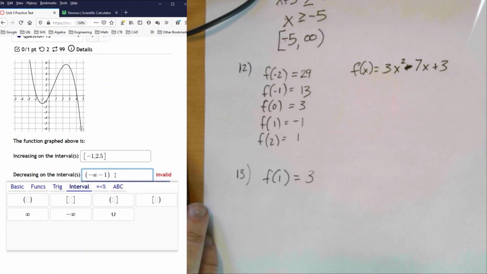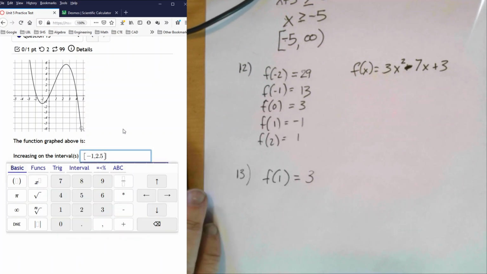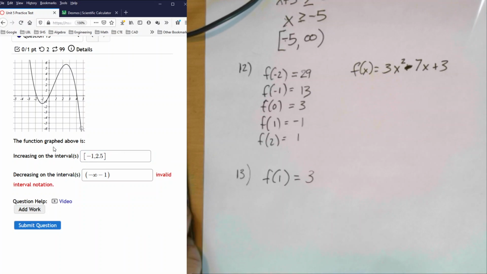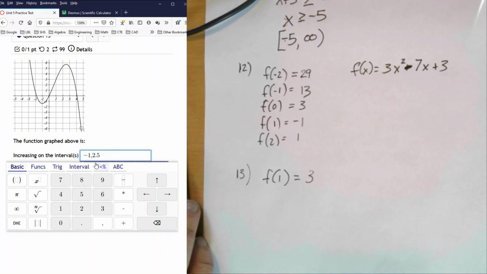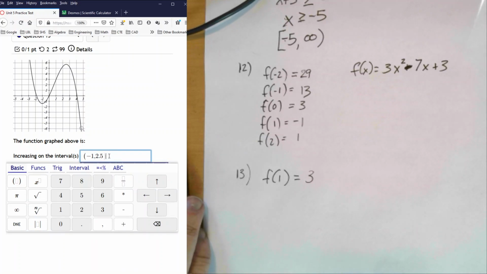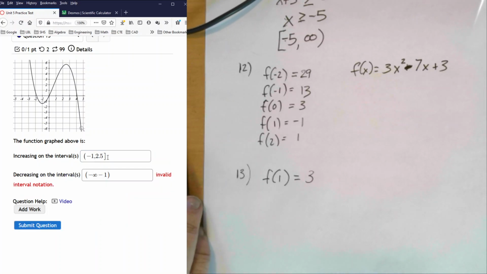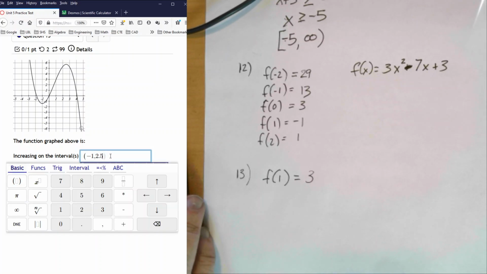Now, I chose round brackets here, and I'm actually rethinking this answer. At the point -1, it's not increasing or decreasing, right? That's a minimum. So I think this should be a round bracket right here. This should be a round bracket. Oh, sorry, this should also be a round bracket. 2 round brackets. There we go.